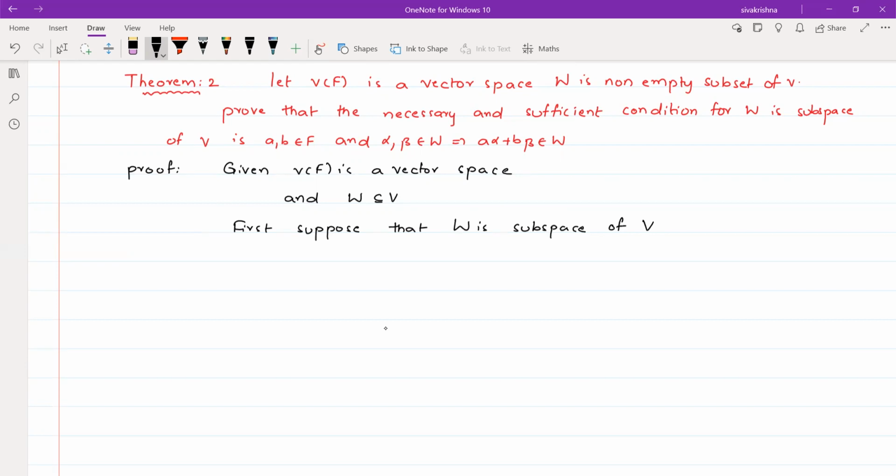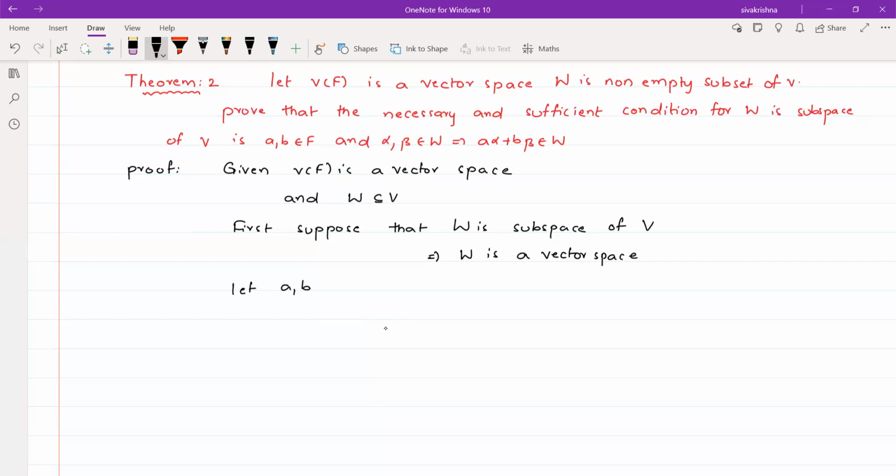So I can write this implies W is a vector space. Okay, so it means all the conditions of the vector space definition hold in W.